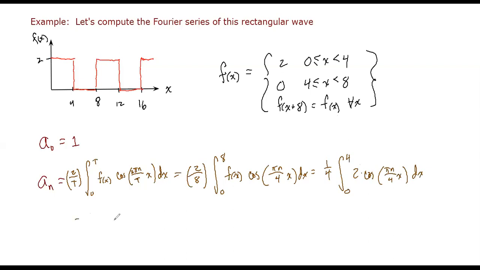And then if I wanted to do this the hard way, I'd pull this out, I get 1/2. And then what's the antiderivative of cosine? Well, that's sine. And then I'm going to get some gunk out front. So let's do that, put that here. And I'll do that later. Of pi n over 4x evaluated at 4 and 0.